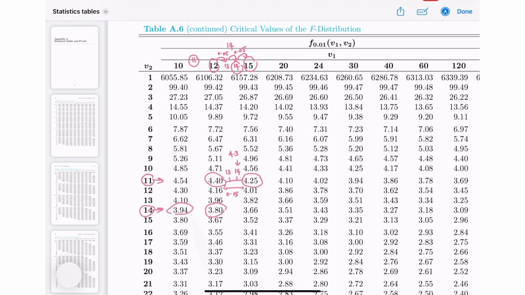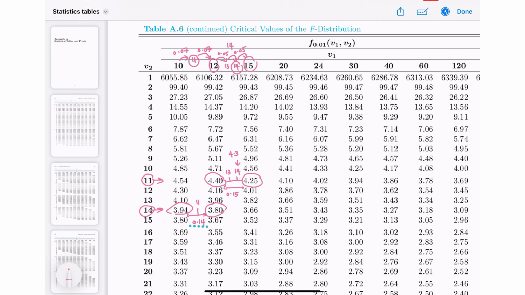We check the distance between these two: 3.94 minus 3.8 gives 0.14. To find 11, which is in the middle, we divide 0.14 by 2. The distance from 10 to 11 is 0.07, and from 11 to 12 is also 0.07.